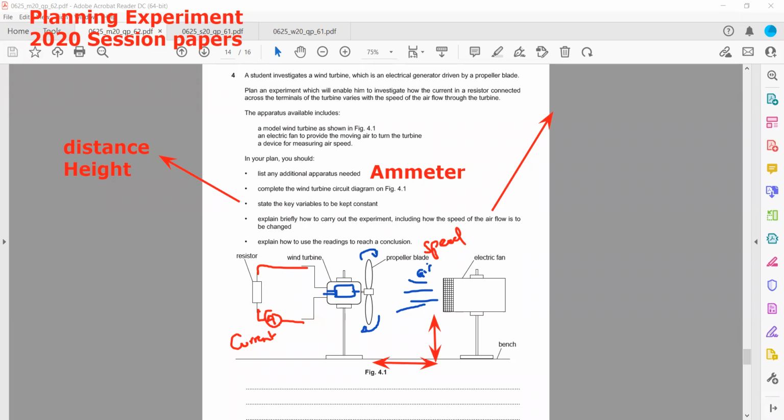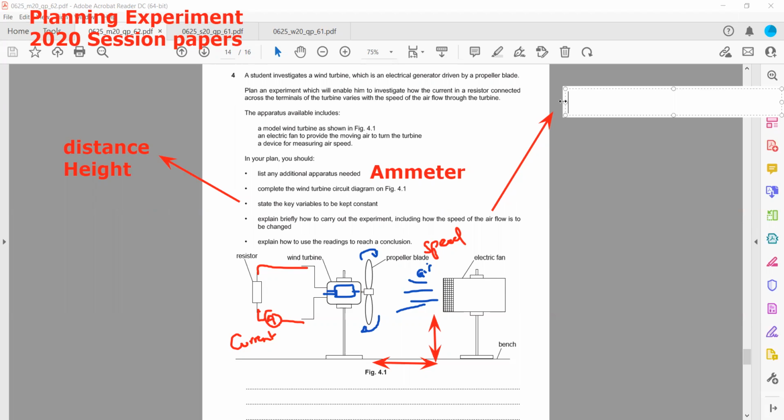Then the procedure, we have to mention how we carry out this experiment. So what we will do, we'll switch on the fan at a certain speed and measure the current by using an ammeter. Then we'll change the speed, because we are finding the effect of the air speed on the current produced.